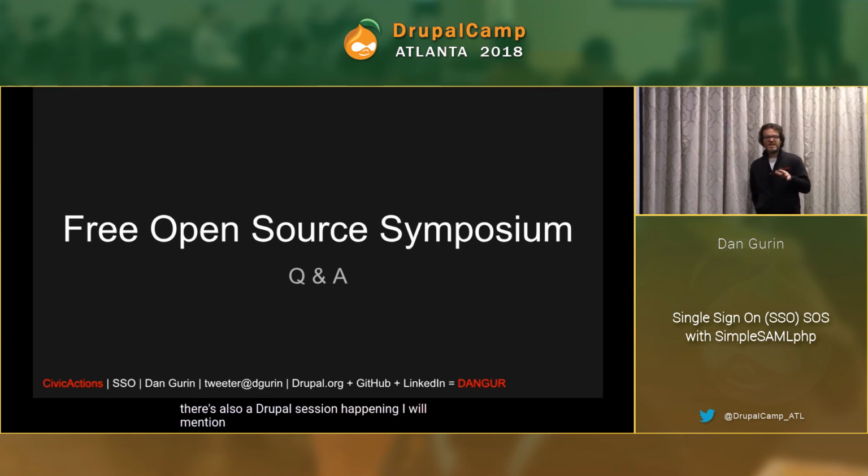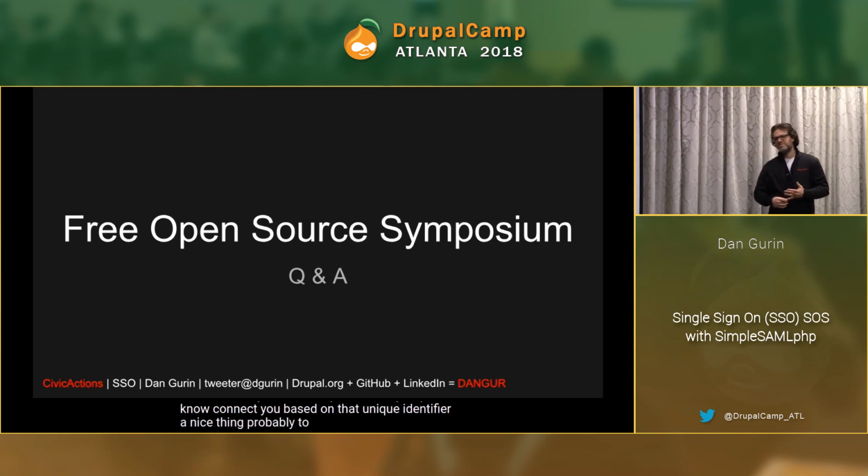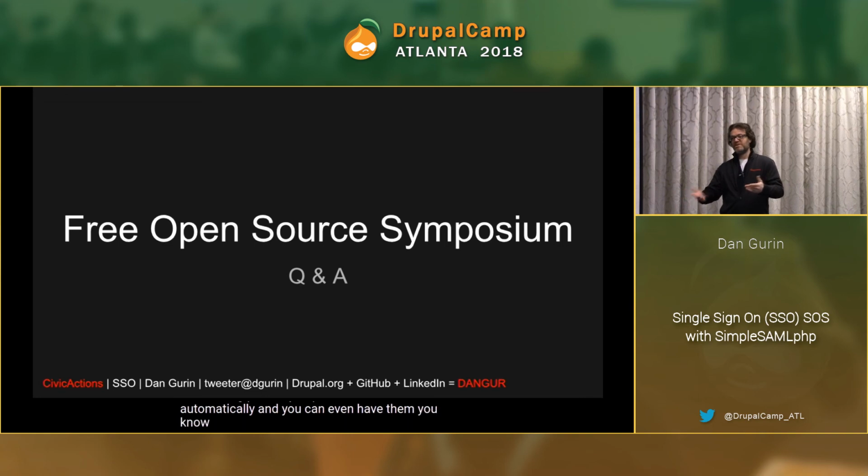I will mention, kind of as a corollary to that, you can set it to provision new users when they log in for the first time, to make a new Drupal user if it doesn't already exist. If it does already exist, it'll just connect you based on that unique identifier. It's probably nice to provision the new users automatically, and you can even have them, like we mentioned before, assigned roles automatically.